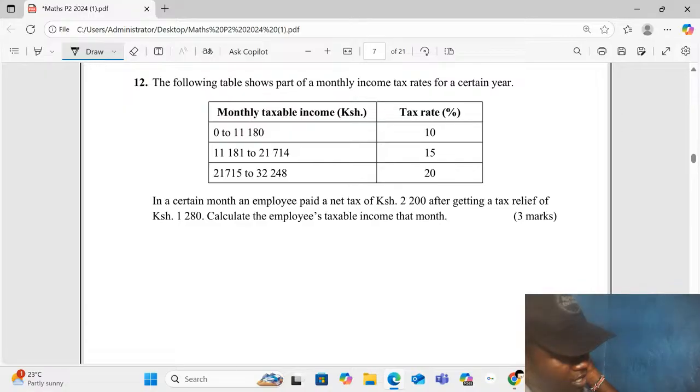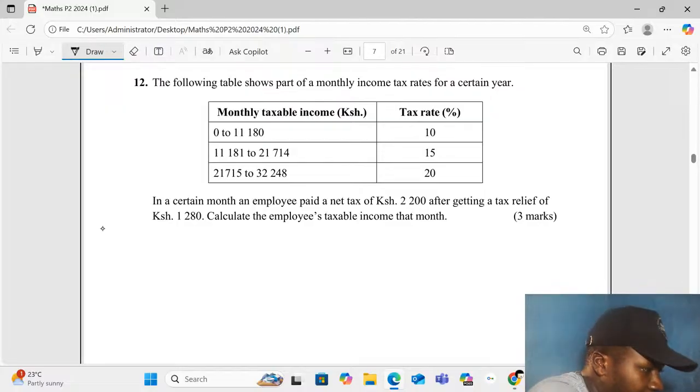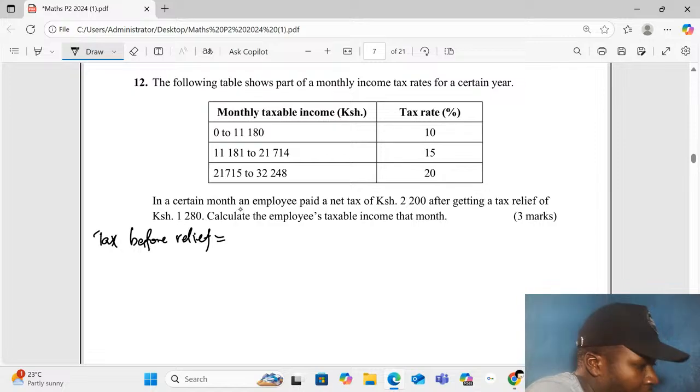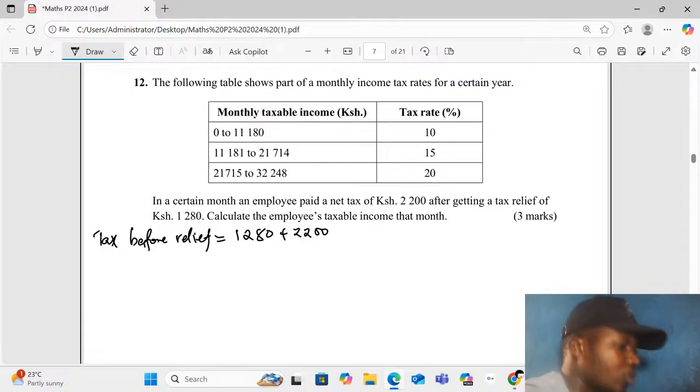Now, we can see the tax before relief. Tax before relief was the relief, 1280, plus 2200.